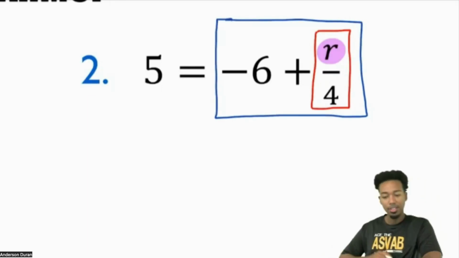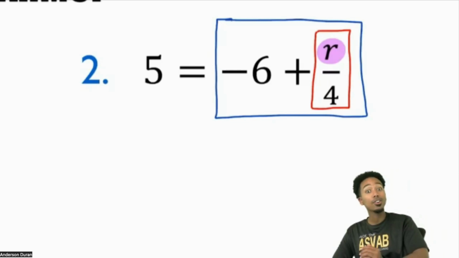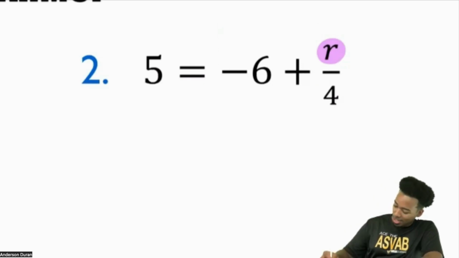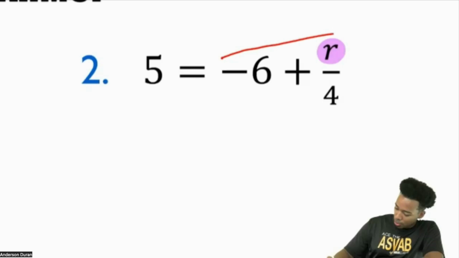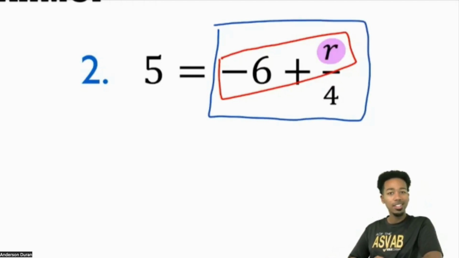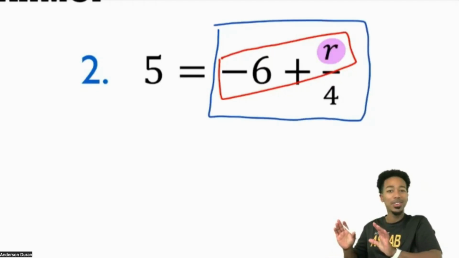Right there. Notice how the boxes are clean. If you were to try to do it the other way, it would not have been clean. Let me just show you real quick. If you were to try to say, okay, it's the R, and then you would have tried to say that it's then all being divided by 4. That don't look right. I think we can all agree that don't look right.